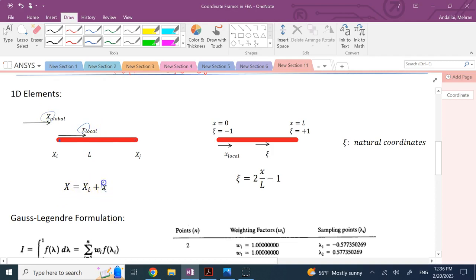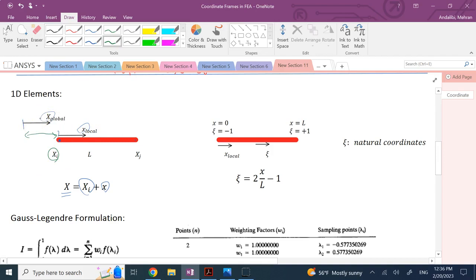The local frame, if you add to it the coordinate of the origin at which that local frame is established, you're going to get the global frame, just like that, right? So if my origin of the global is here and the origin of the local is here, all I need to do is this distance from here to here, which is xi. If I add that xi to x local, I would get what?